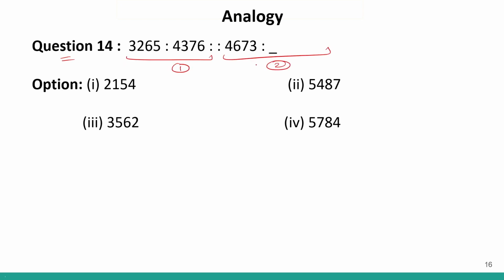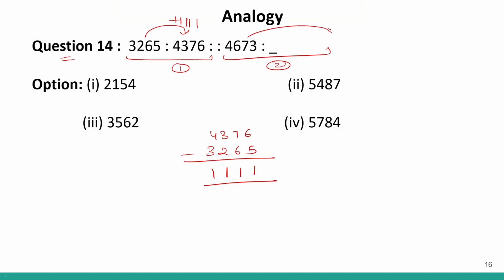Okay, question number 14. This is the first pair, this is the second pair. We have to find the missing element. Now, if I see bigger numbers, I assume that we have to either check the difference or the sum. So let us check the difference between these two numbers, 4376 and 3265. If I subtract, I will get 1111. So basically, we are adding 1111 to the previous element to get the next element.